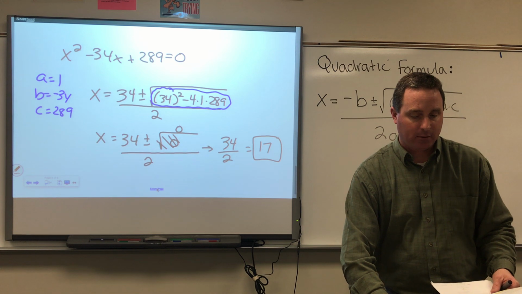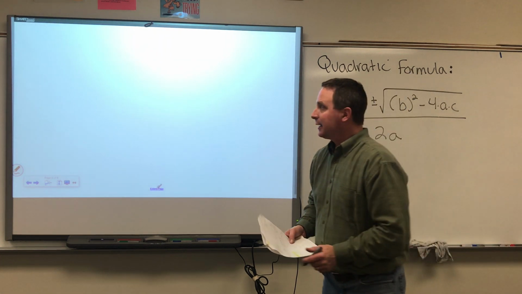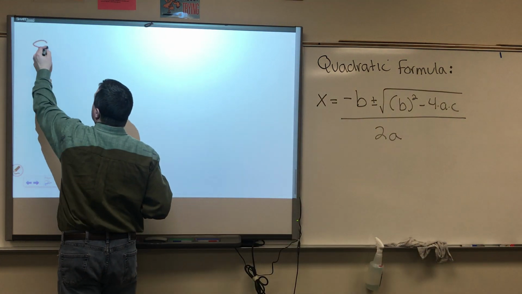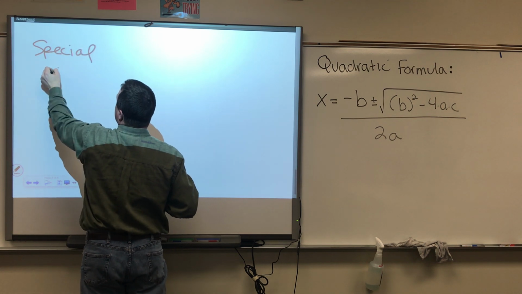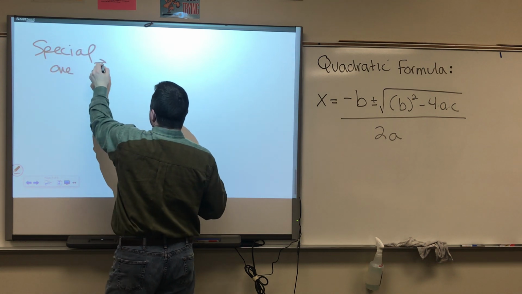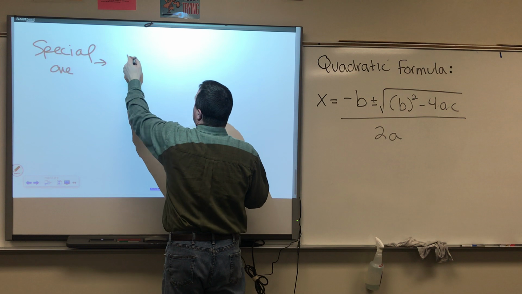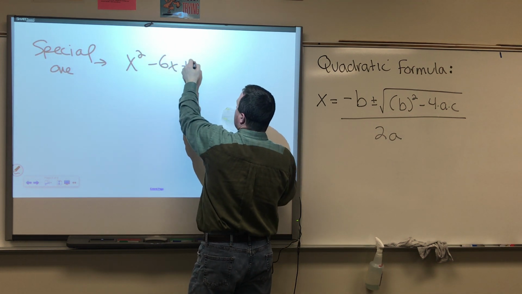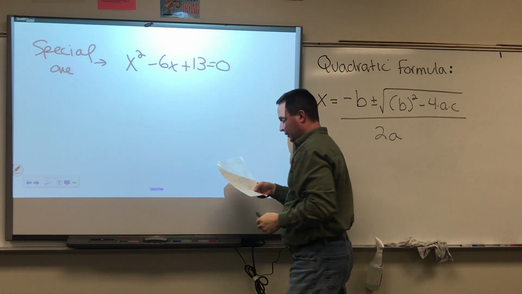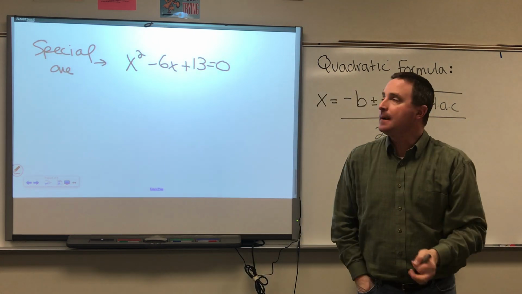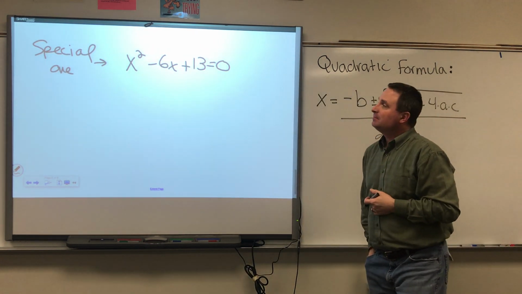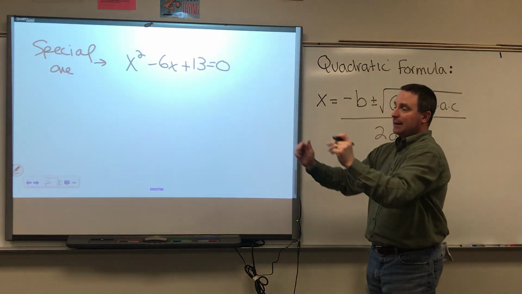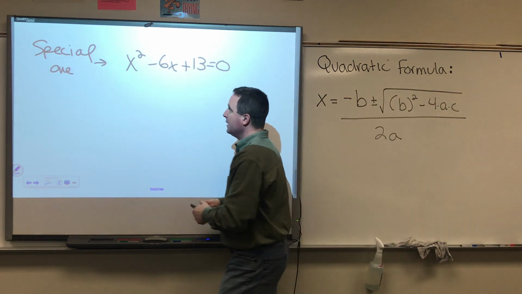One more time here. This one's kind of a special one. Let's see what happens here. What if I get x squared minus 6x plus 13 equals 0? It doesn't look any different. It's in standard form, everything's over to one side.